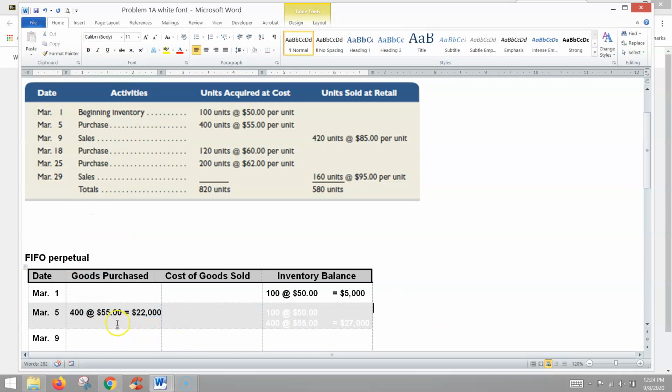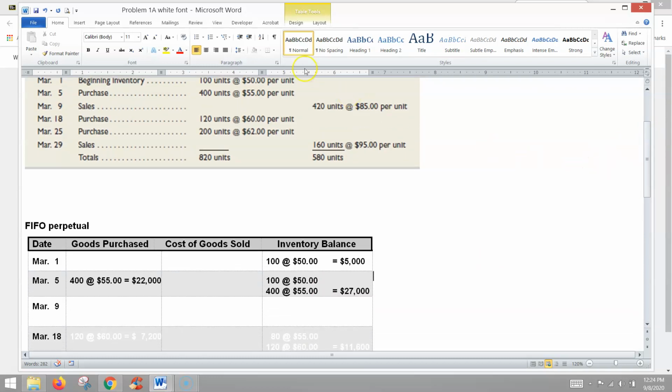So 400 times $55 is $22,000. Then we're going to add another costing layer to our inventory balance. So now we have two layers. We have 500 units in total, but 100 is at $50 and 400 is at $55.